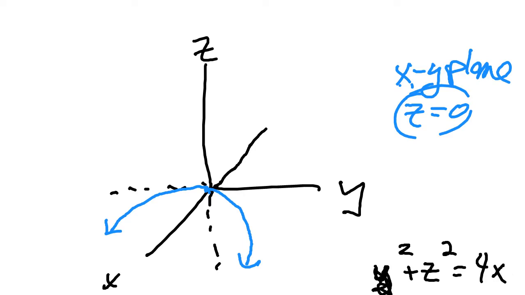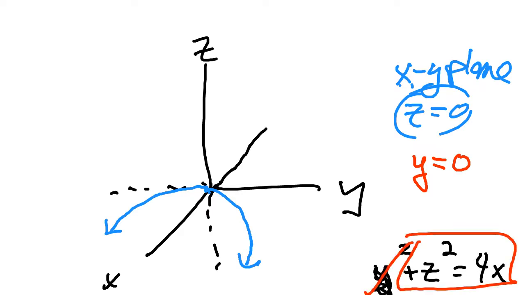Now let's do a different cross section, and let y equal 0. If we let y equal 0, that term goes away, and we have x equals z squared over 4, or 1/4 z squared.